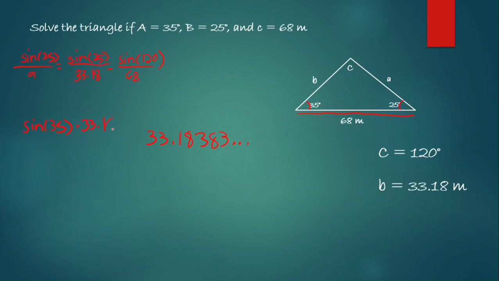So we're going to put 33.18383 and so on, and divide it by sine 25 will be given 45.03701.